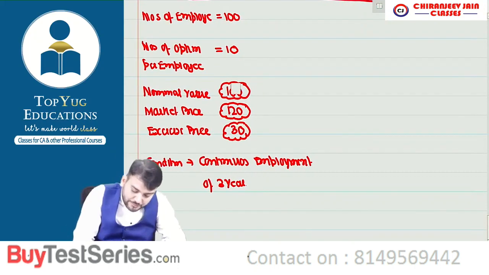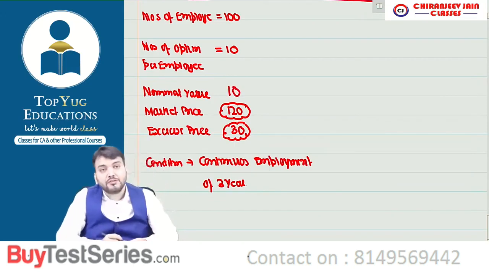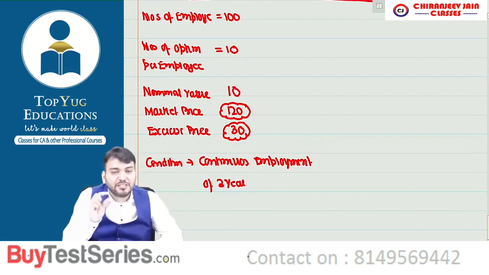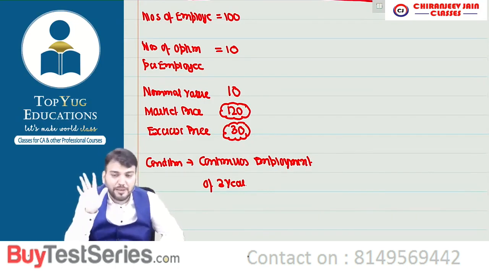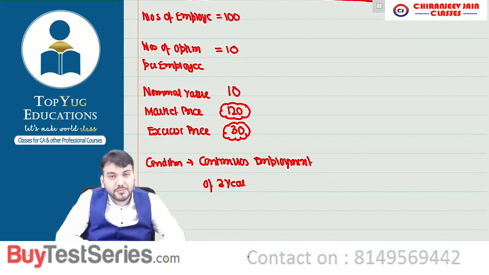Everyone, let us do one thing: let us make the nominal value 10, then it will be more fun. Nominal value is 10, but these shares are issued at discount or premium. I have changed it. Everyone respond fast.